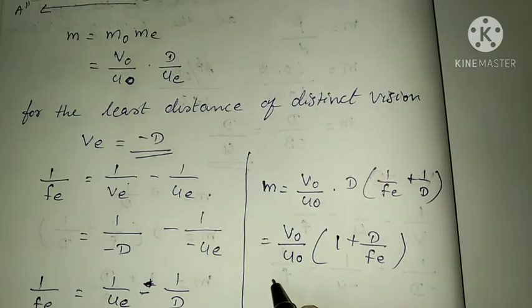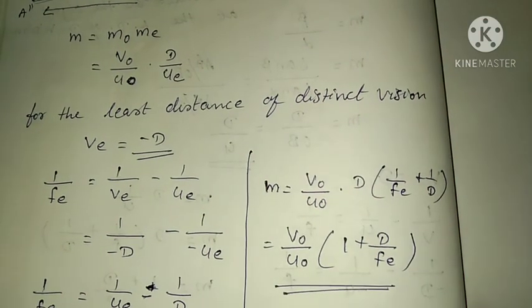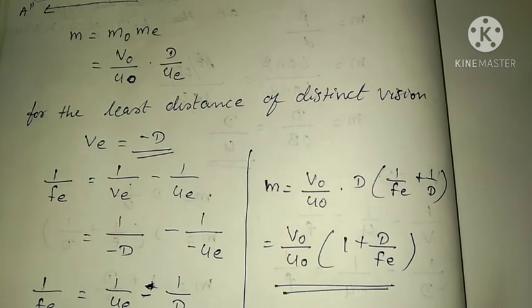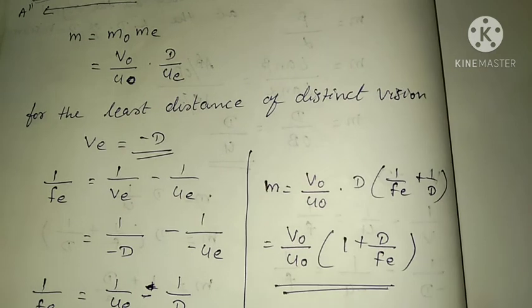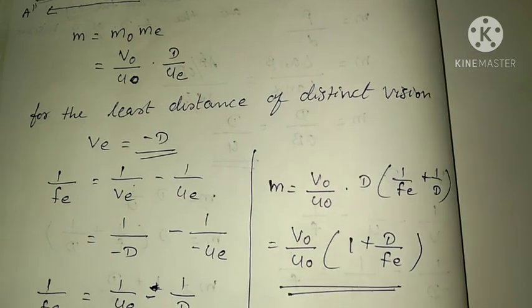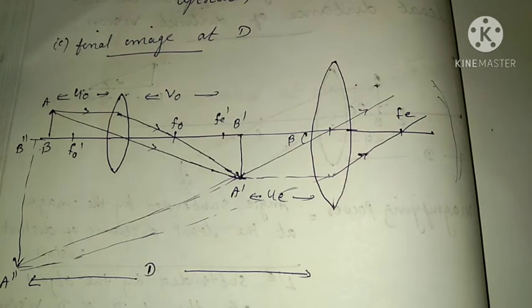So this is the magnification of the compound microscope when the final image is at the least distance of distinct vision and the object is also at the least distance of distinct vision. Clear? So we derived the formula M equal to V0 by U0 into 1 plus D by FE.